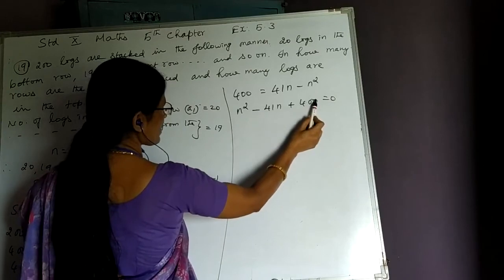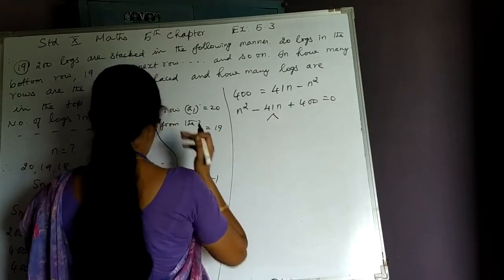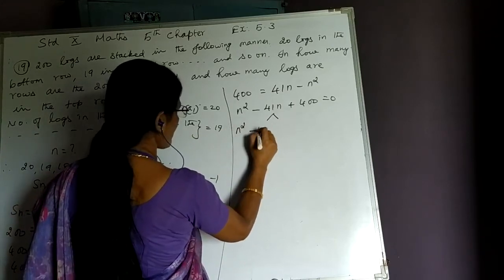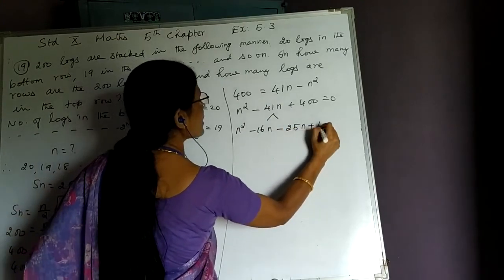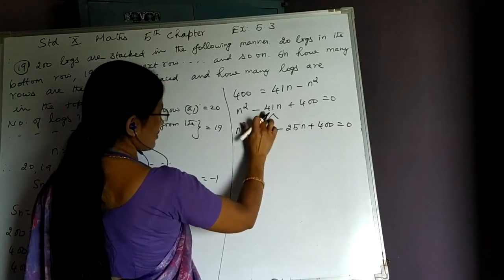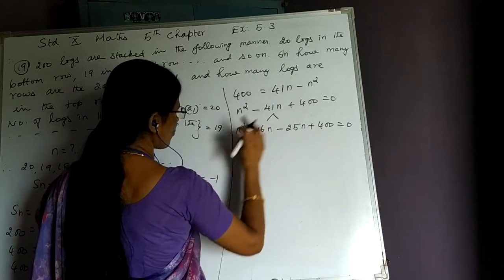There are 3 terms, degree is 2, therefore by splitting the middle term we are going to get the factors. So here it is n square minus 16n minus 25n plus 400 equal to 0. These 2 addition gives minus 41. If you multiply these two numbers, we get 400.